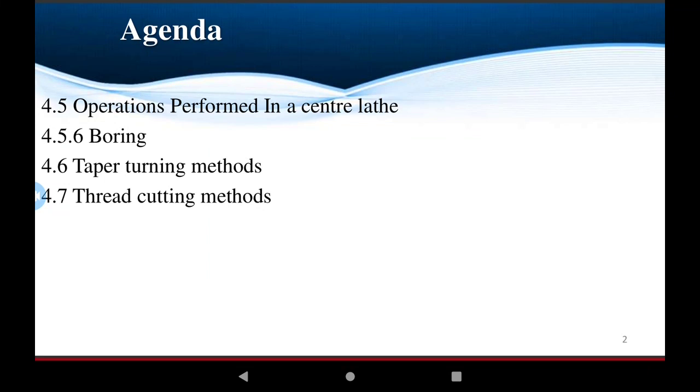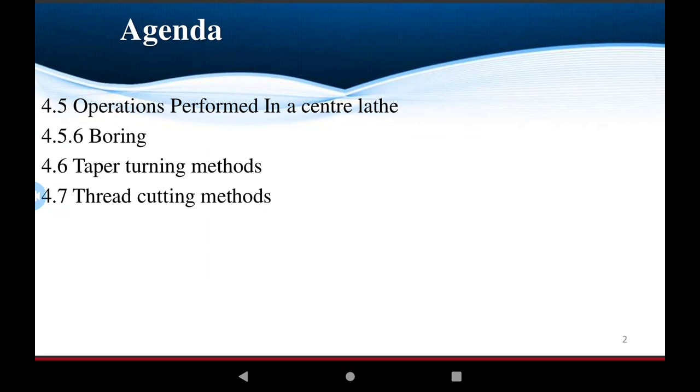Boring is the operation of increasing the diameter of holes that already exist. Taper turning operation has two types: external taper turning and internal taper turning.